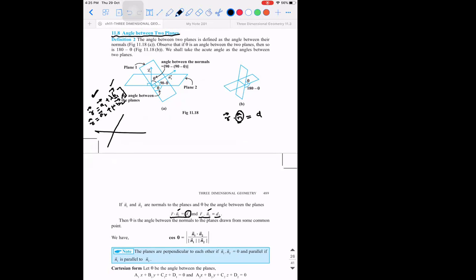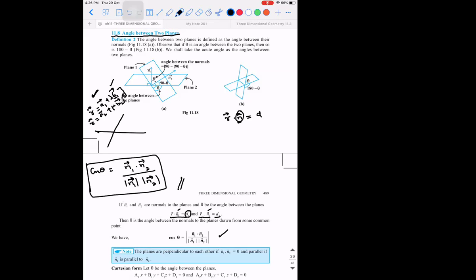So the angle between two planes is given by the angle between two normal vectors. How will you find the angle between two normal vectors? Cos theta is equal to n1 vector dot n2 vector divided by magnitude of n1 vector into magnitude of n2 vector. So this is going to be the formula for the angle between two planes. Guys, am I clear?